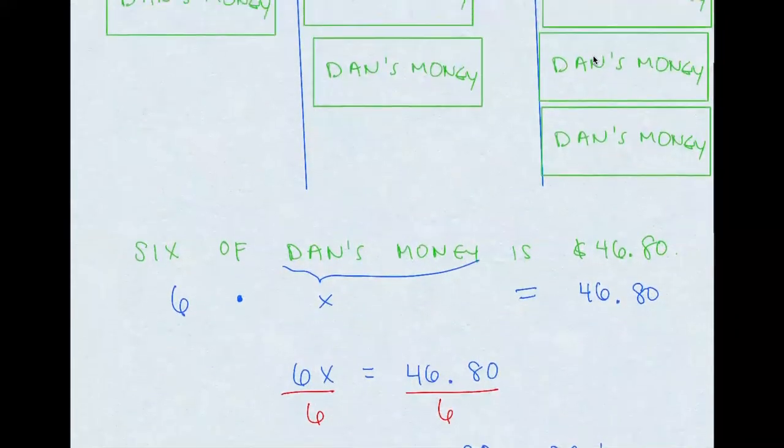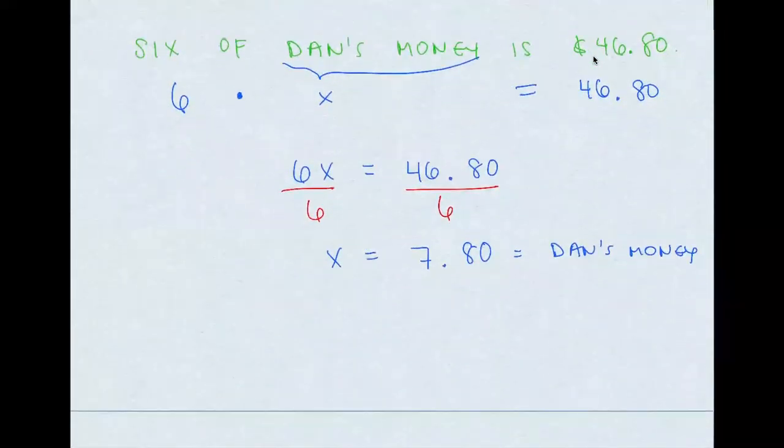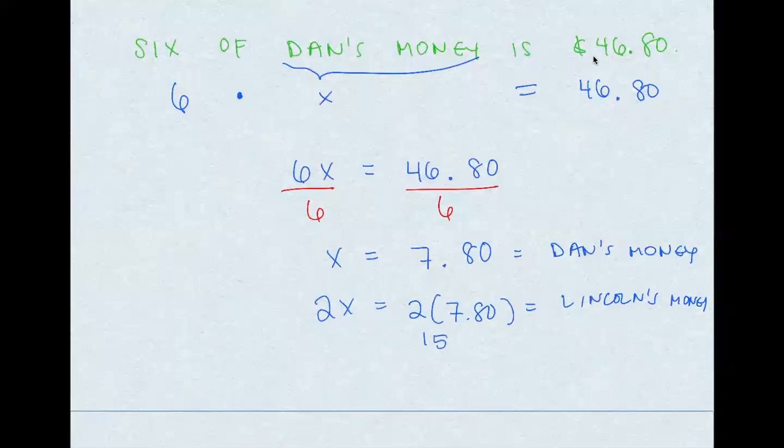Well, x represents Dan's money. And if we look at the money statements we drew earlier, 2x equals Lincoln's money, which is just 2 times 7.80, which we previously found to be 15.60. And 3x is equal to 3 times 7.80, which is equal to Miguel's money.